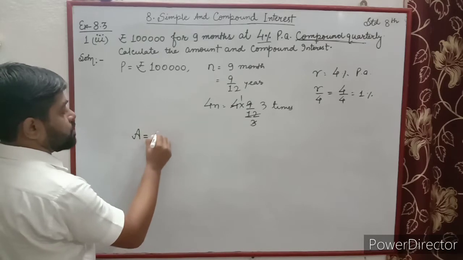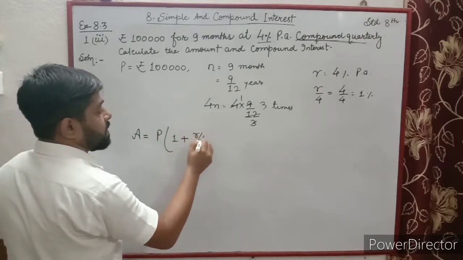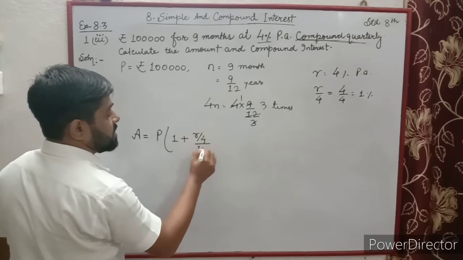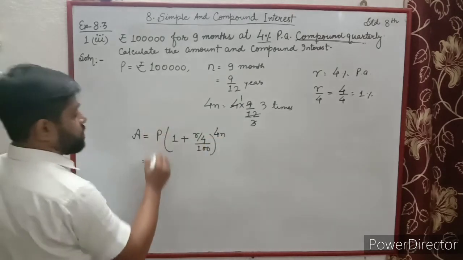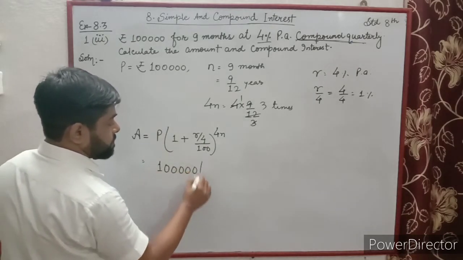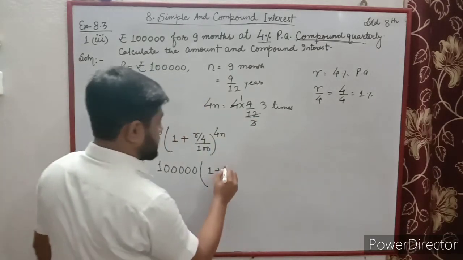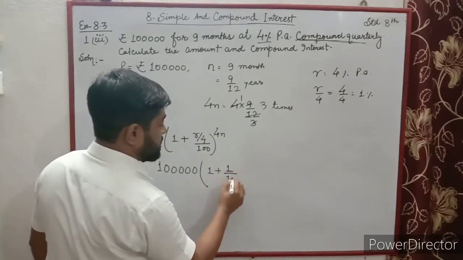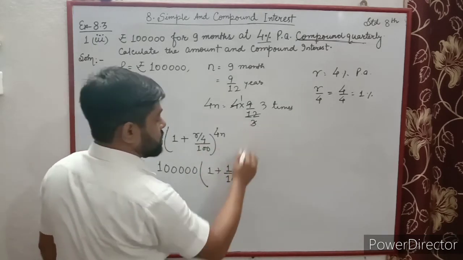Amount is equal to principal into (1 plus R by 4 divided by 100) to the power 4n. So principal is given, 1 lakh. 1 plus R by 4 is given 1%, so 1 by 100, to the power 4n. So n is equal to 3 times.